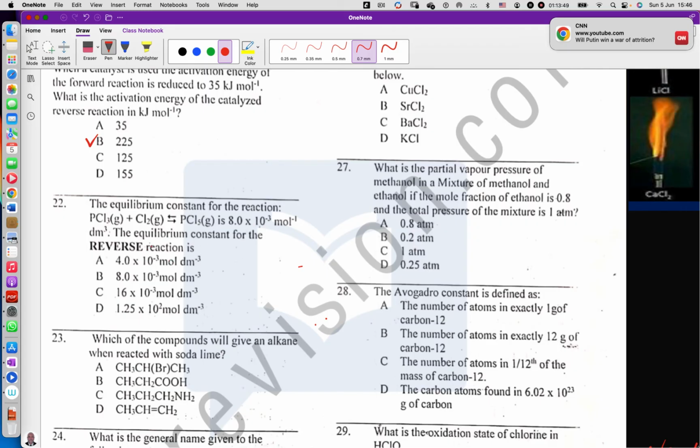The equilibrium constant for the reverse reaction is, remember, always 1 divided by the equilibrium constant.